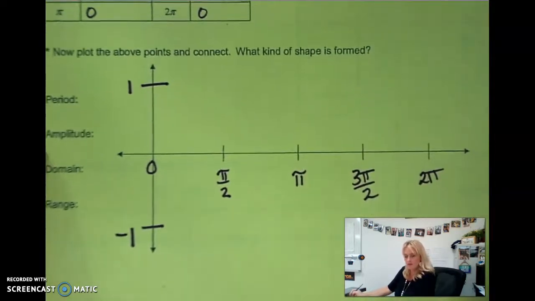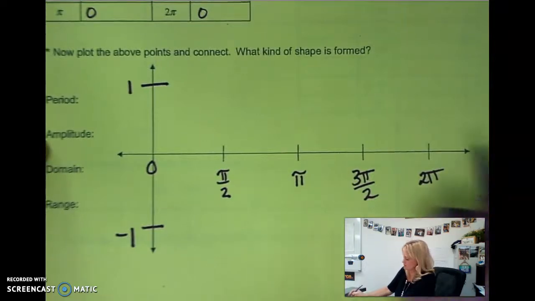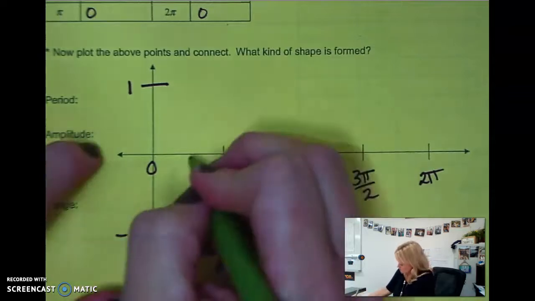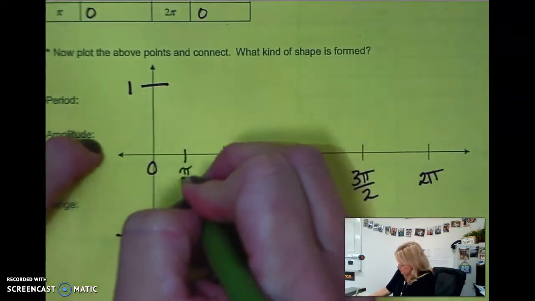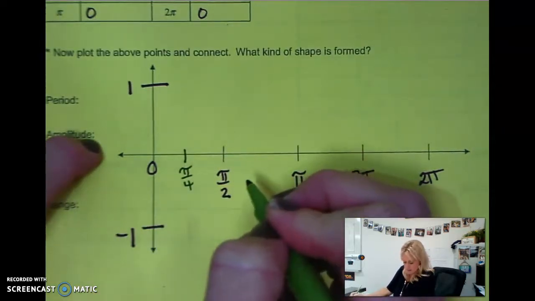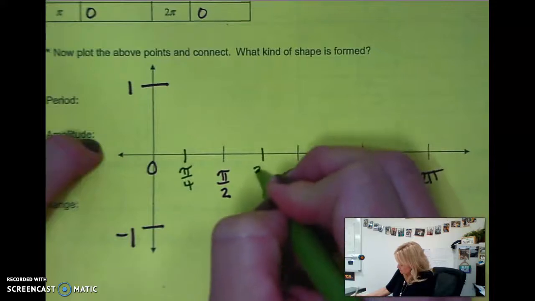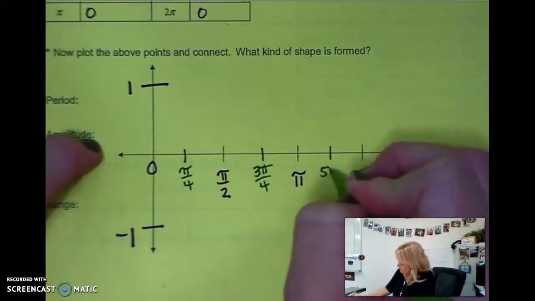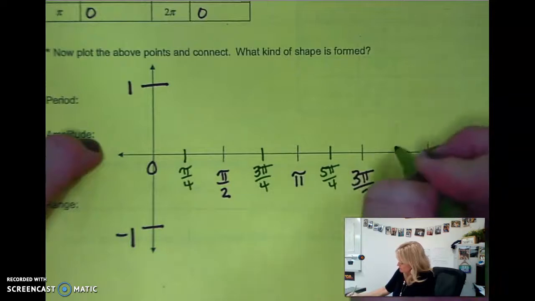Now, if we really want to get an exact look at this graph, we also can break our unit circle down into fourths. So this would be pi over 4. Then we have 3 pi over 4, 5 pi over 4, 7 pi over 4.